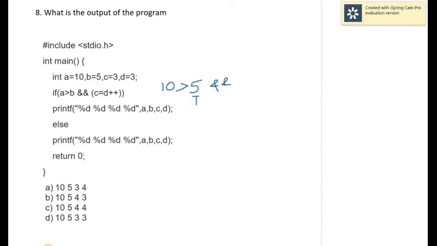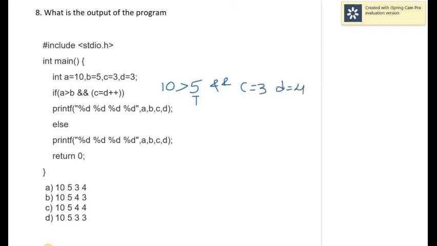So first the assignment operator will be performed, then the increment operator will be performed. So the value of d, that is 3, will be assigned to c. 3 is assigned to c and d is incremented. The d value will become 4.